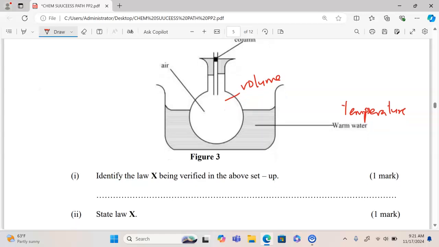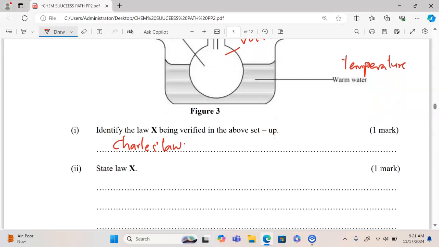So when we move down, we are supposed to identify law X verified in the setup above. So this is what we call Charles' law. Then we are required to state law X, which is Charles' law.